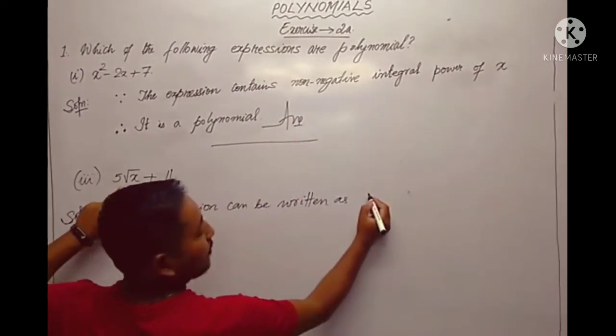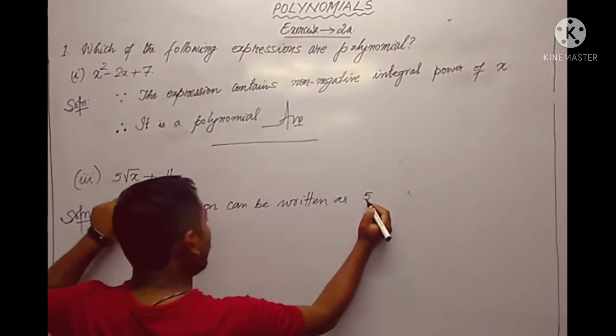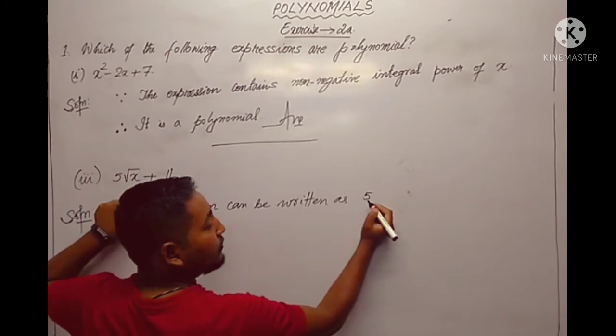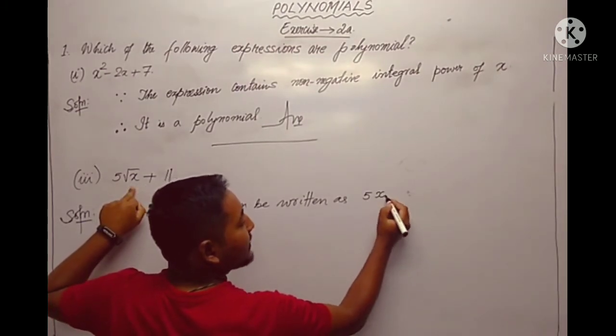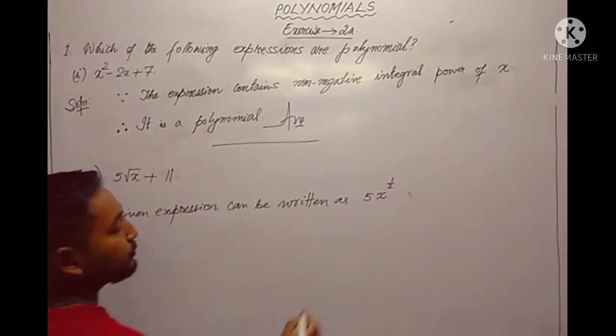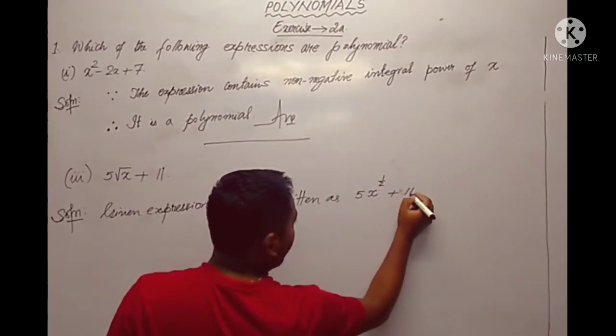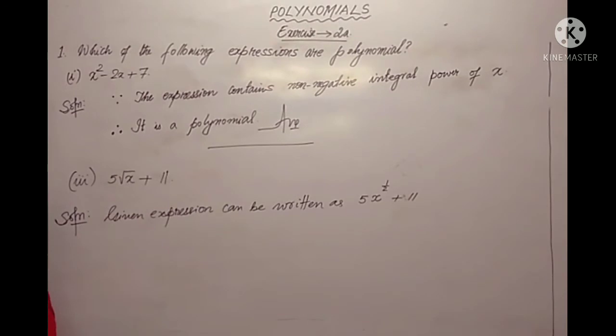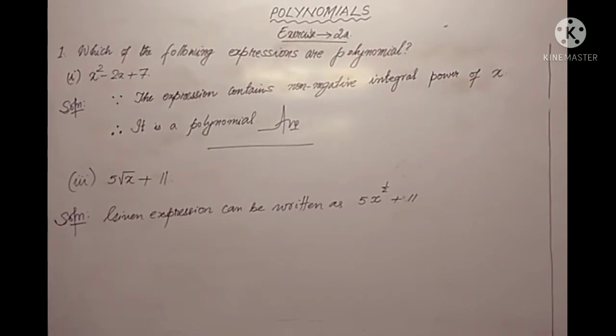5, this root x, when you remove the root from this x, it becomes x to the power 1 by 2, plus 11. Again, if you remove the root from any number or any variable, it becomes to the power 1 by 2.